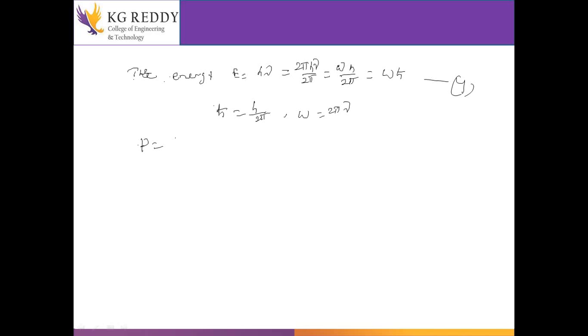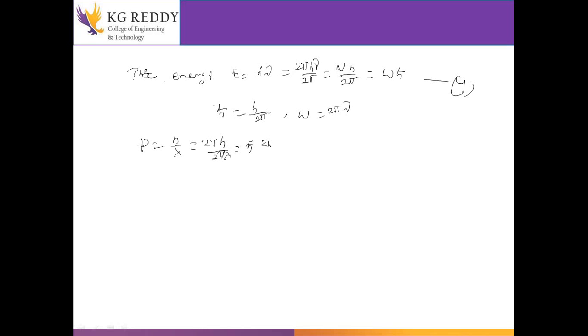Next for momentum, P equals how much? From the de Broglie hypothesis we know P equals h by lambda. Multiplying and dividing by 2 pi, we get h by 2 pi times 2 pi by lambda, which is h cross times 2 pi by lambda.